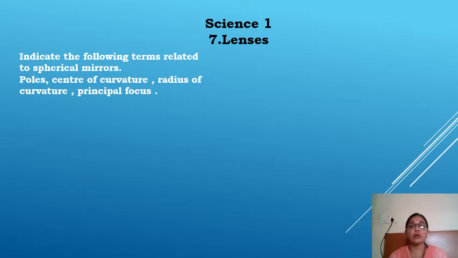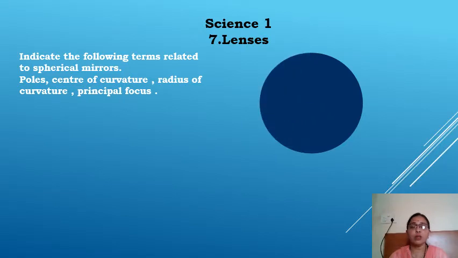There are some terms about the spherical mirror, and the same terms we are going to apply here for the lenses. A mirror is a part of a sphere, in the same way the lens also is a part of the glass sphere, isn't it?